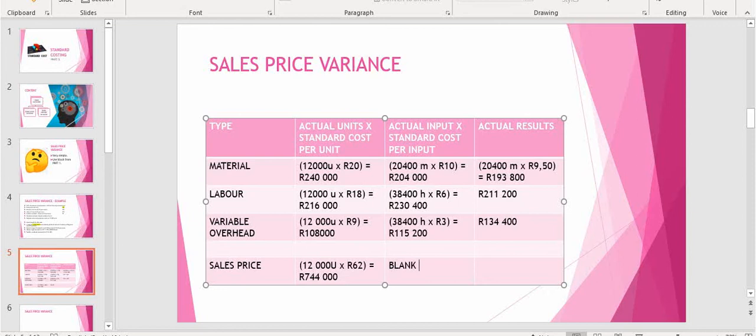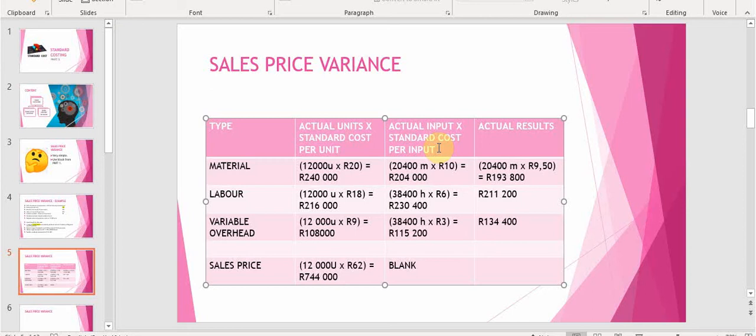So I'm just going to type blank, and let me explain why it is blank. The second column says actual input times standard cost per input. And as I explained previously, input is a meter, a liter, an hour, a machine hour, a labor hour, and the business will not sell these inputs.